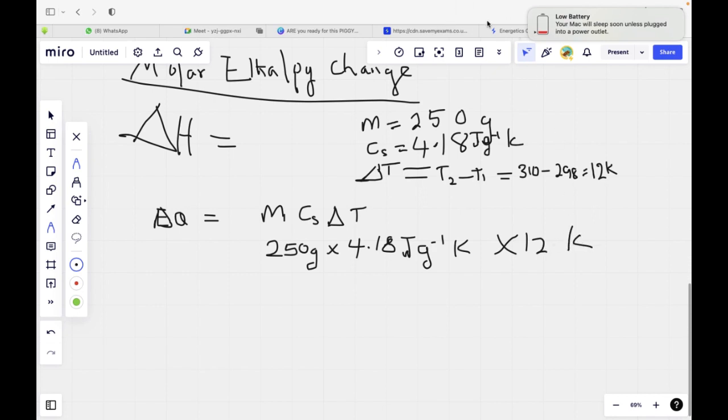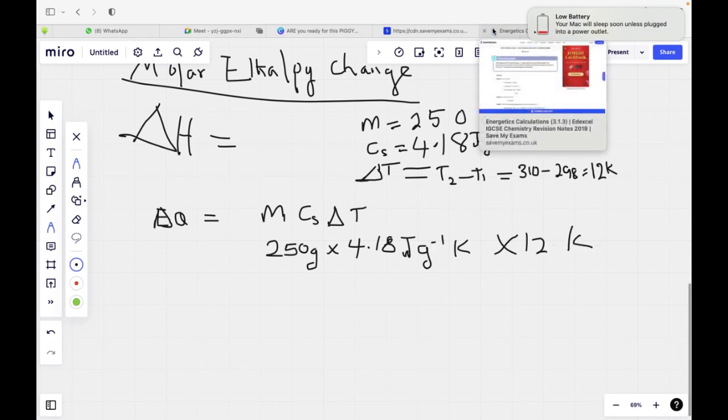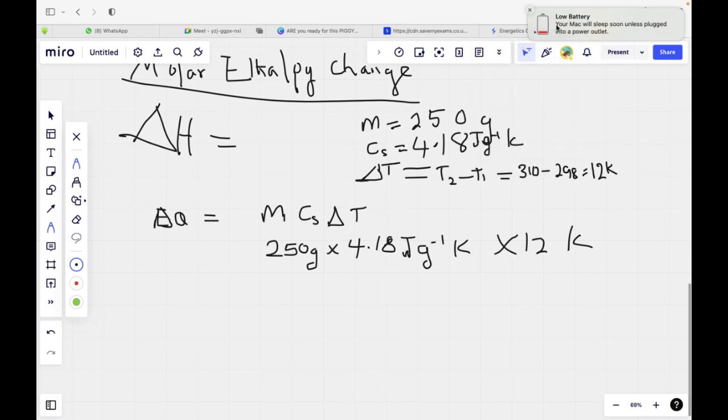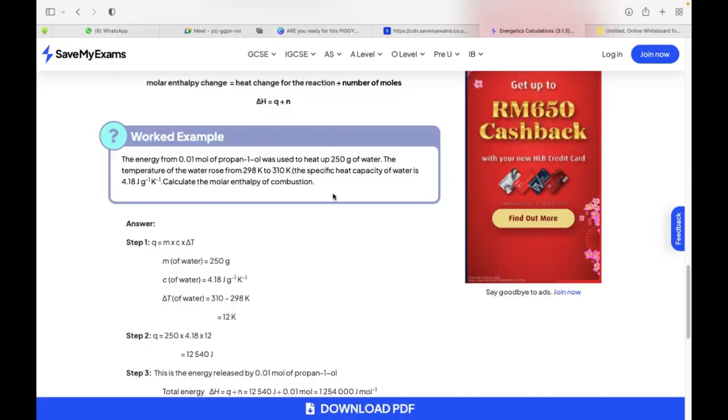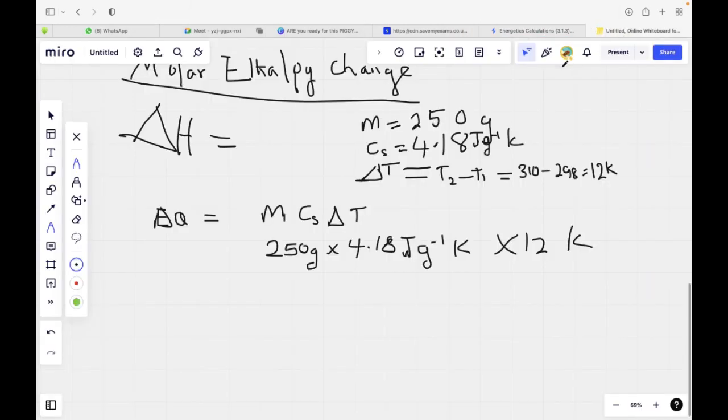So when you multiply all this out, what do we get?